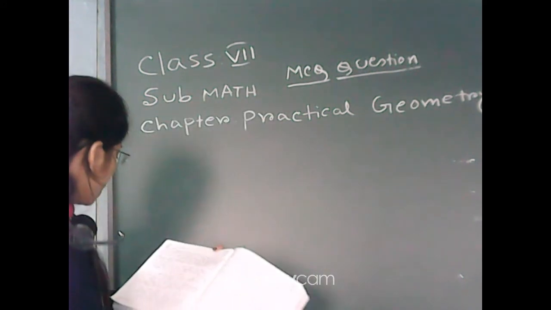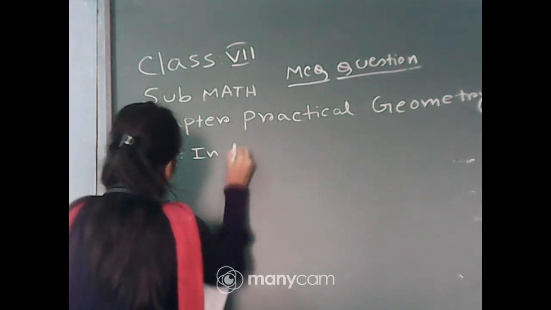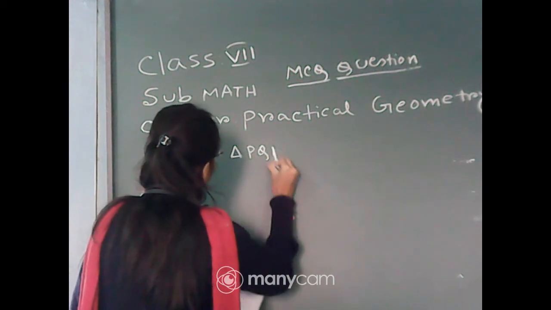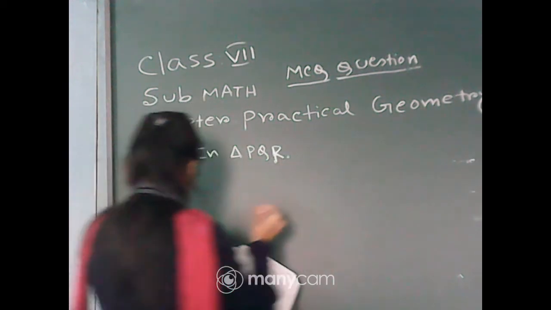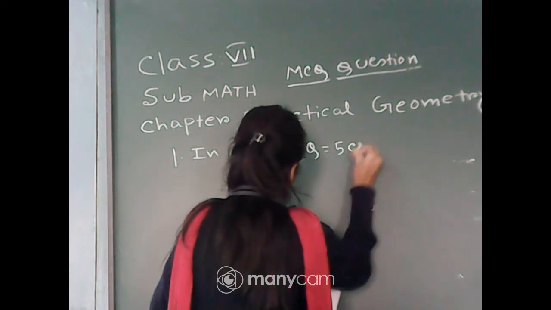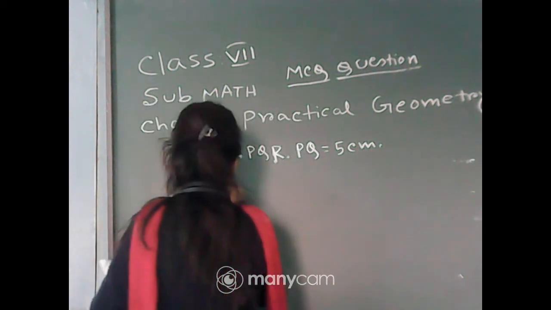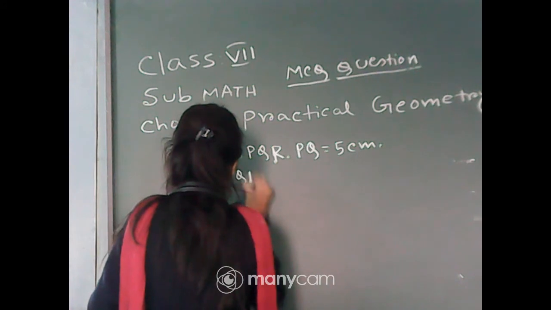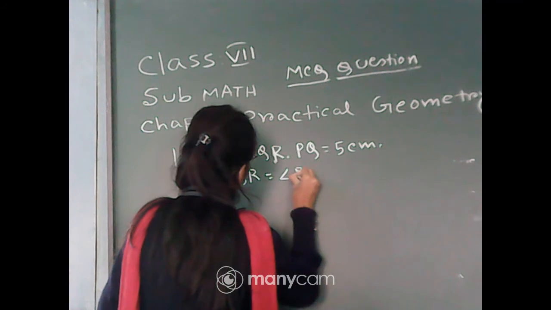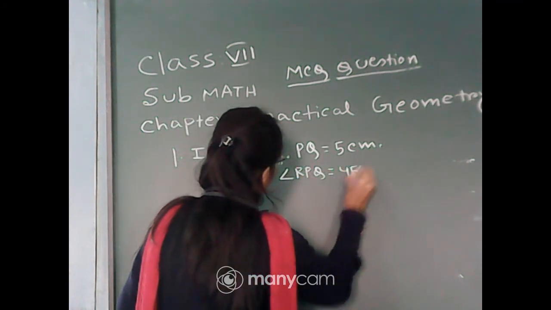First, question number 1. In triangle PQR, PQ is equal to 5 cm, angle PQR is equal to angle RPQ is equal to 45 degrees.